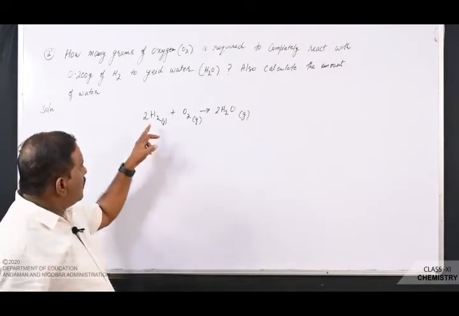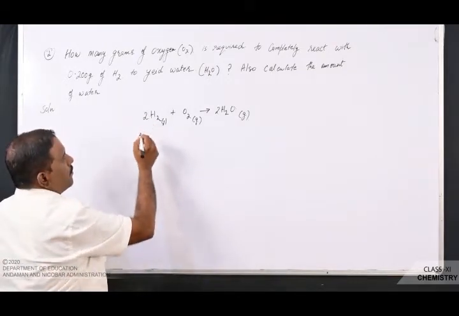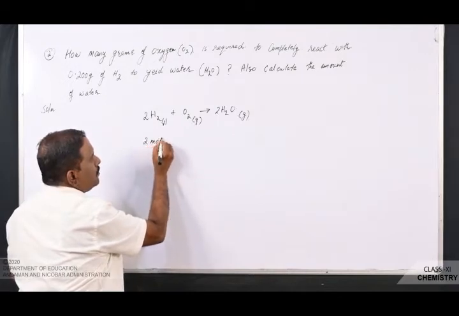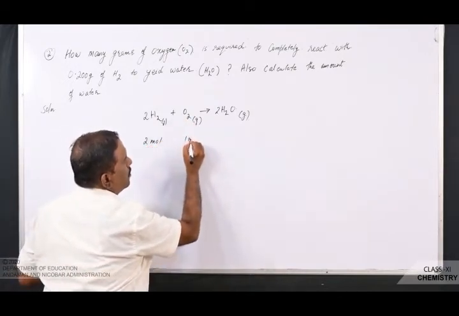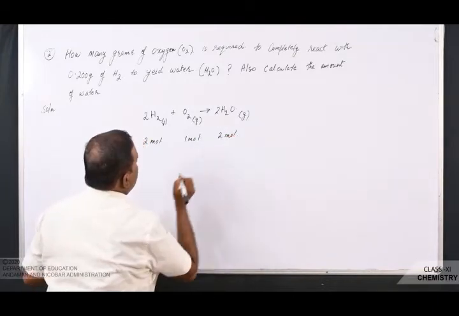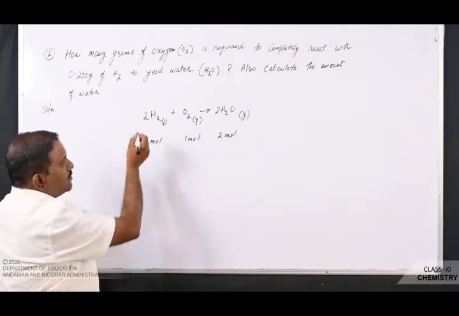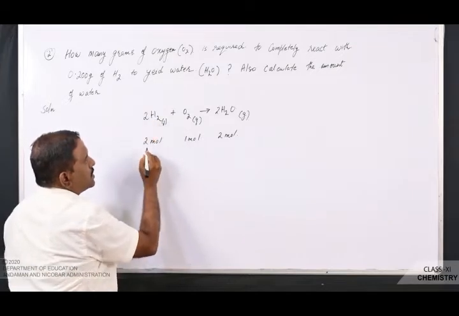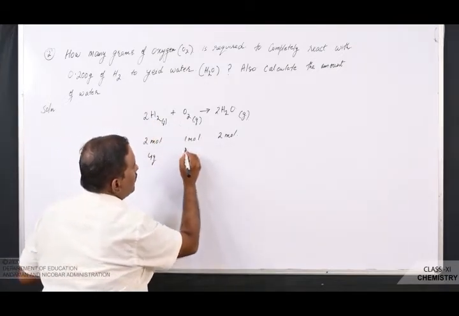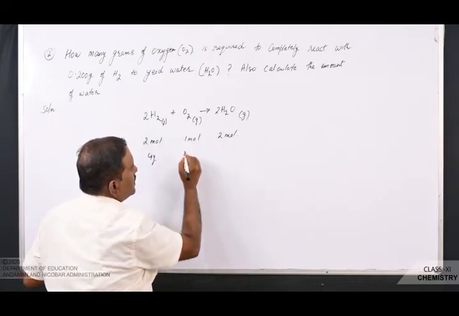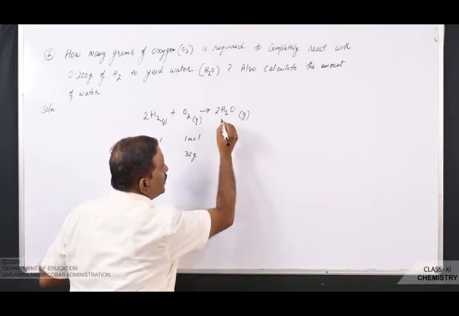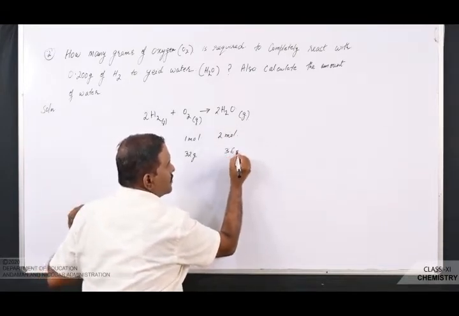So first of all, let me write in moles. According to the question, we will write in moles: 2 moles, here 1 mole, and here again 2 moles. In respect of grams, we can see 4 grams. Here we have 16 plus 16, that is 32 grams. And here we have 18 into 2, that is 36 grams.